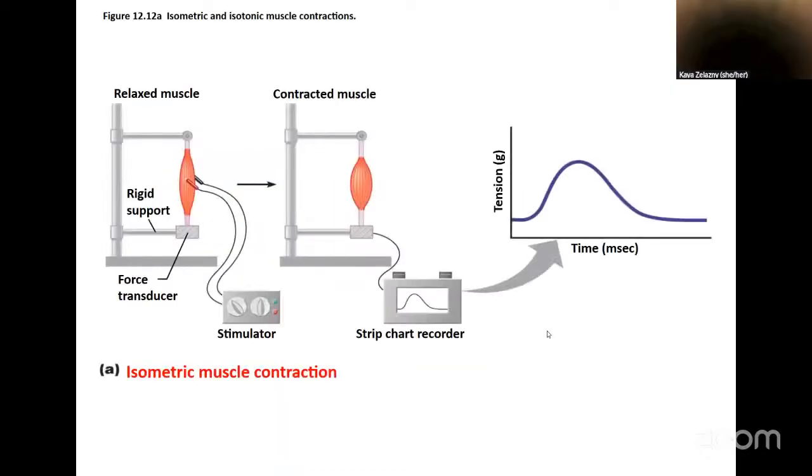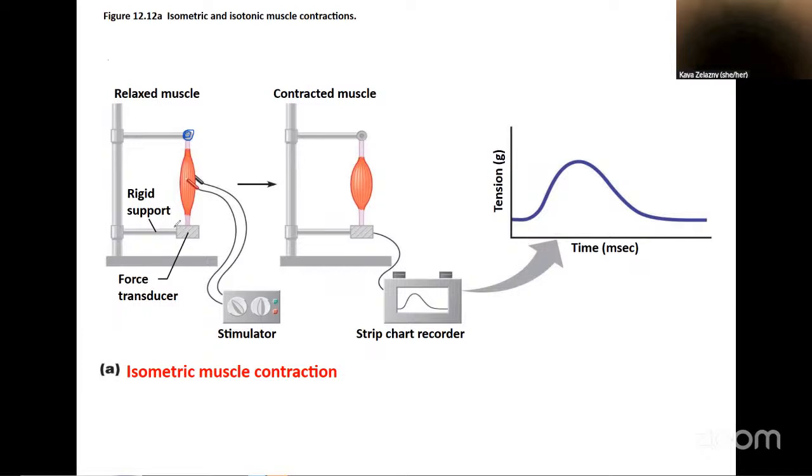Okay. So if you look at what measuring this might look like, if we're looking at an isometric muscle contraction, as that twitch happens, right, here we've got our point where we're hanging our muscle from.